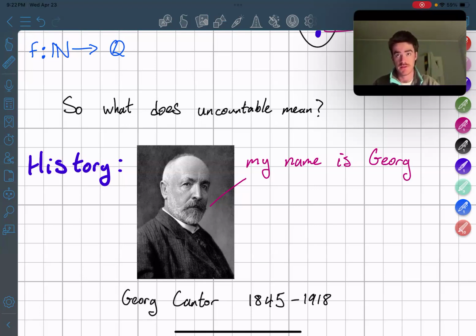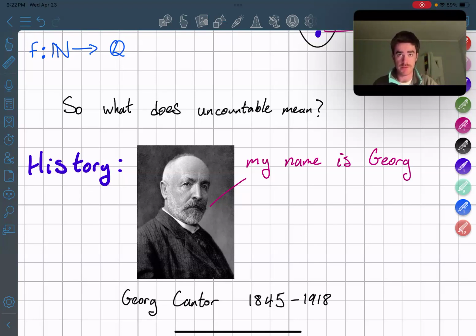Nobody had really thought about an infinity that would be bigger than another one, because it's a difficult concept to think about. Like, what do you mean something that is infinitely large is not as infinitely large as something else? Sort of hard to wrap your head around. And he was able to get rid of the belief that all of these infinities were the same.